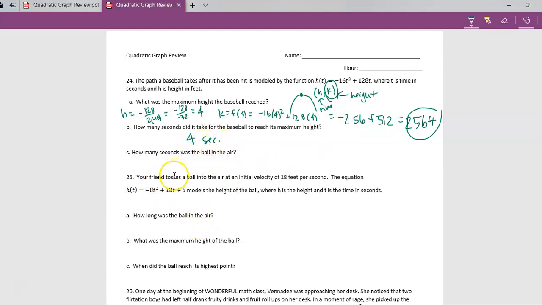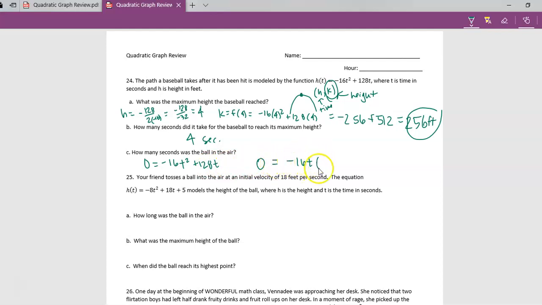How many seconds was the ball in the air? So we want to know when it hits the ground, how many seconds have passed by. So what we need to do here is set our equation equal to 0, replace the height with 0. So in order to actually solve that for t, we're going to have to factor this. Since our constant term is missing, we can just factor this using the greatest common factor.